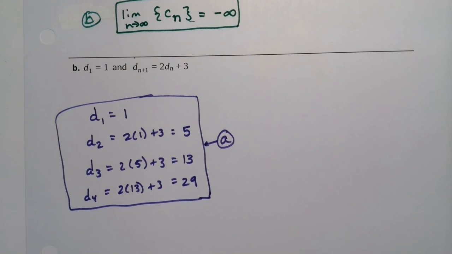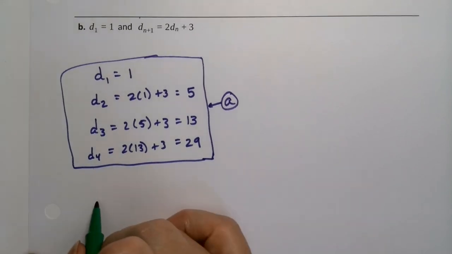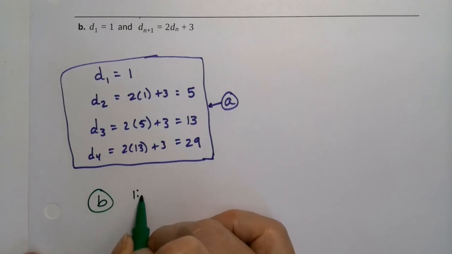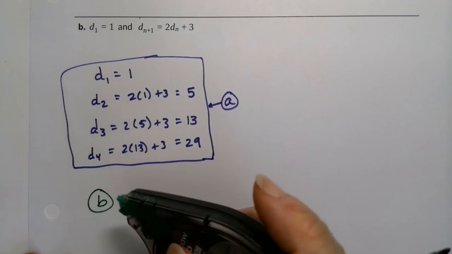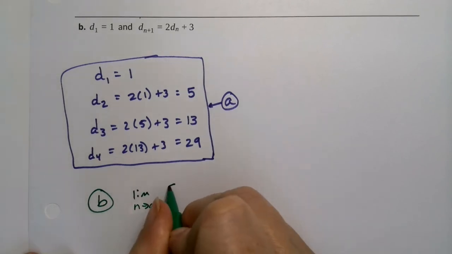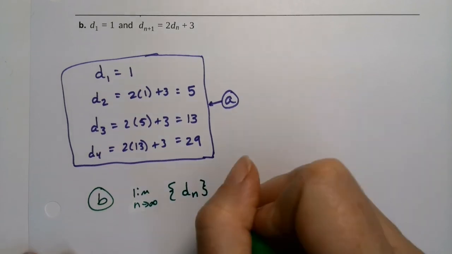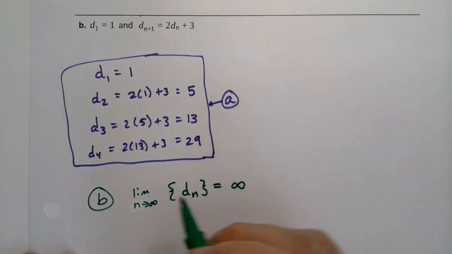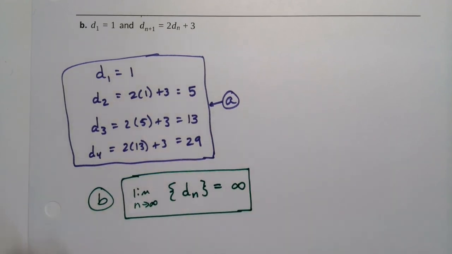Where do I think this is going? I think it's going to infinity. That's where I think it's going, right? So the limit as n goes to infinity of d sub n, and you have to put it in the curly braces to notate that it's a sequence, is infinity. Which for the record means that I think those sequences are divergent.